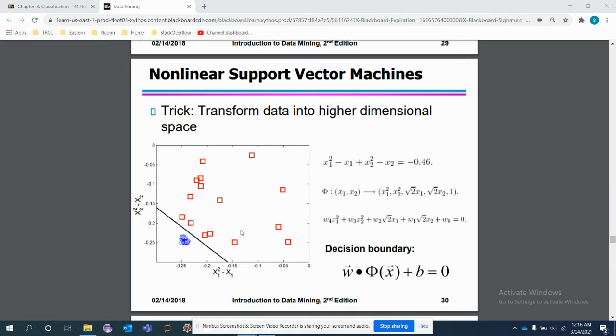In the figure, you can see how the points are arranged in the transformed space, where all the circles are located in the lower left hand side of the diagram. So this is the transformation of the original data distribution or space to a higher dimensional space.